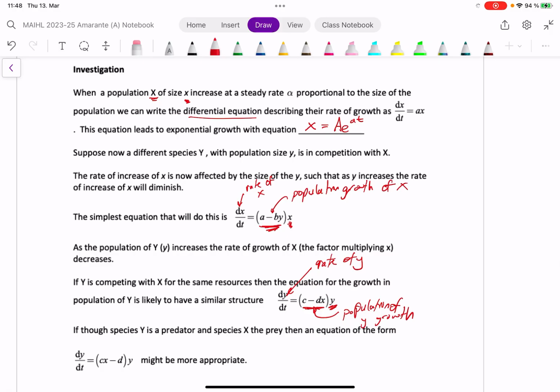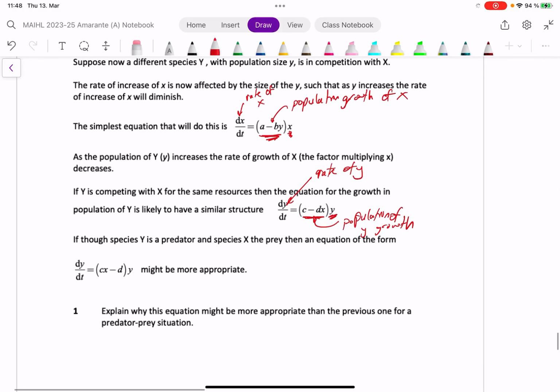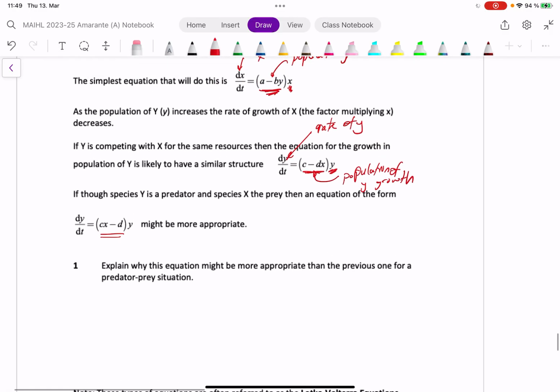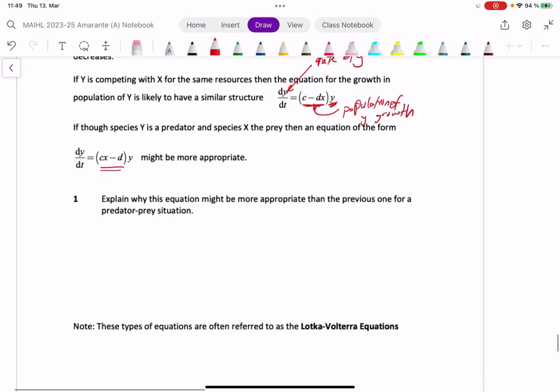And if, for example, species y is a predator and species x is a prey, then the equation could be this way, where x is decreasing based on y, and it might be more appropriate to put it that way.